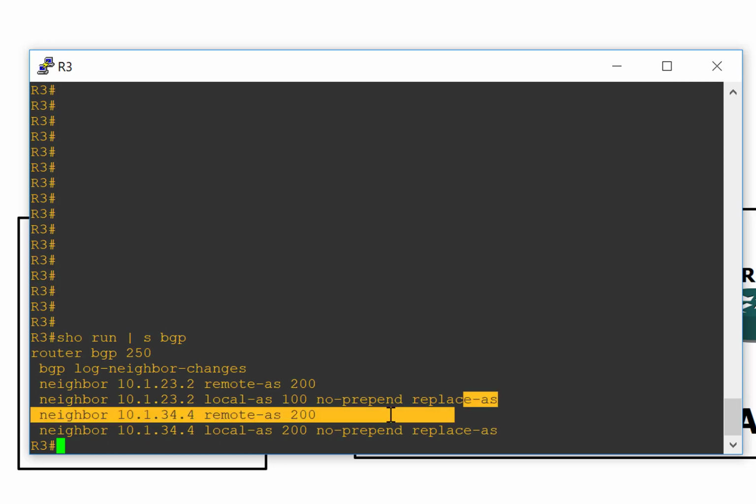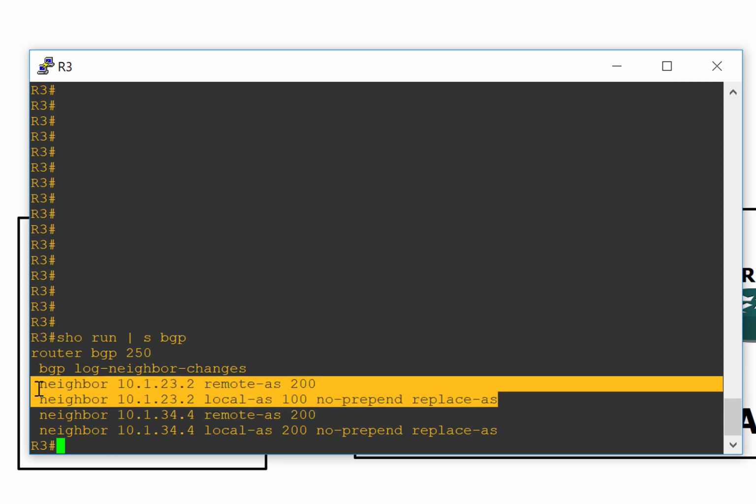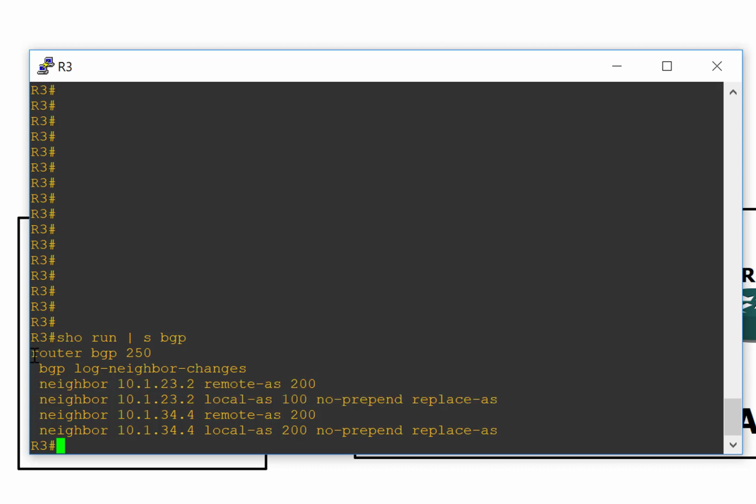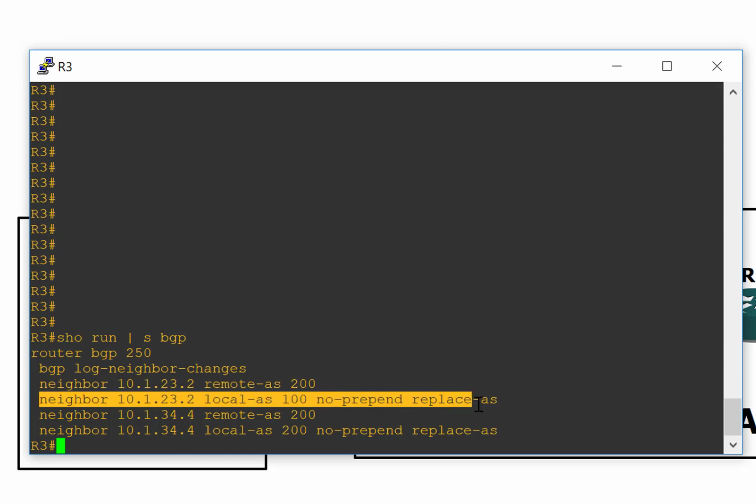Here is the section of config pertinent to pointing to router 2. I gave router 3 an arbitrary AS number. I gave it 250 in this case. It could have been any number that wasn't 100 or 200. I'm telling it to peer with router 2, and router 2 is AS 200. And I'm telling router 3, pretend that you are autonomous system number 100.